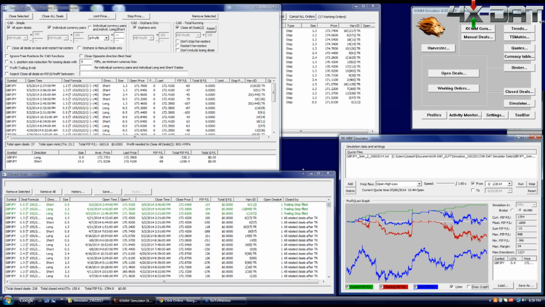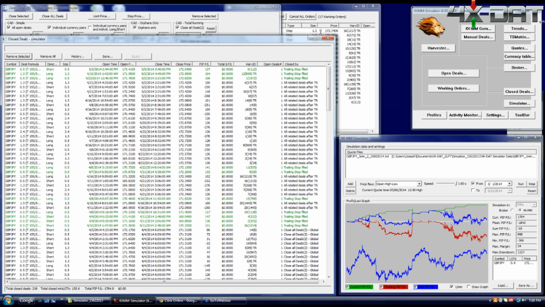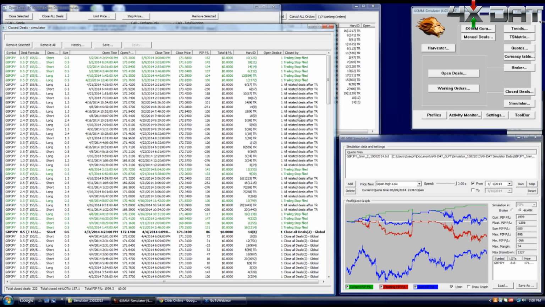Now, in the meantime, while we're targeting our 100 pip profit, since the last global close all deals, we have several trades that have been closed, and there are reasons for that, because global close all deals is not the only function that closes trades with a profit. There are situations, as you see right over here, where the trailing stop gets filled.